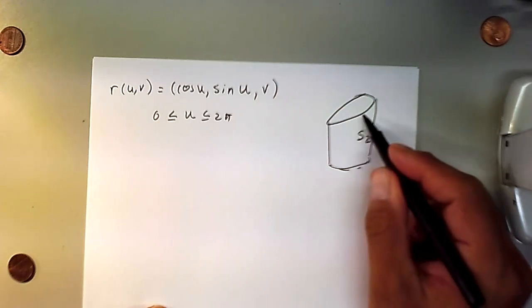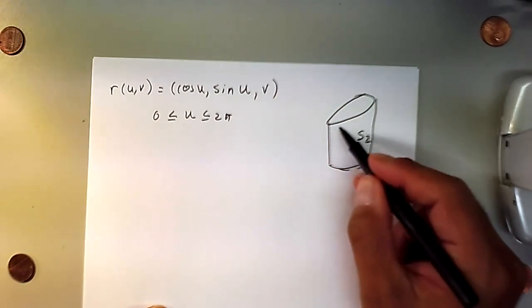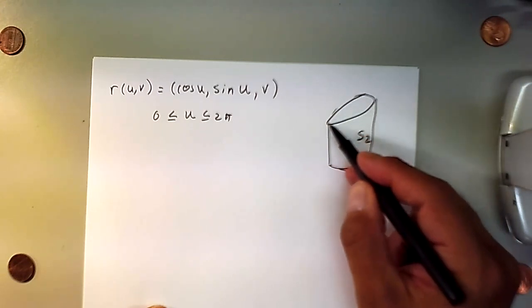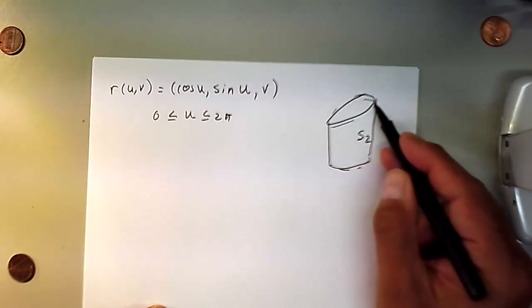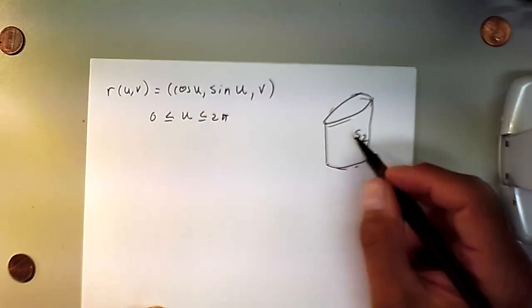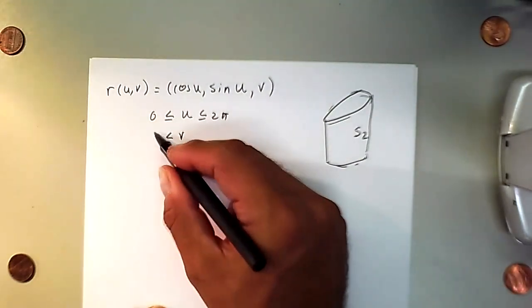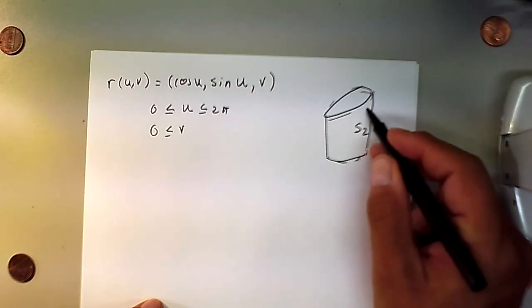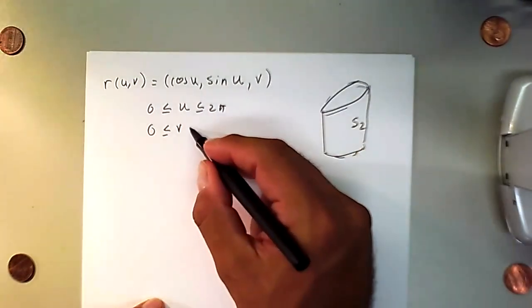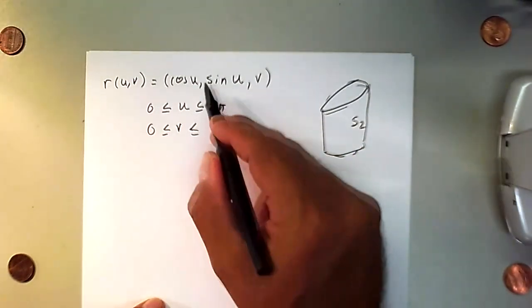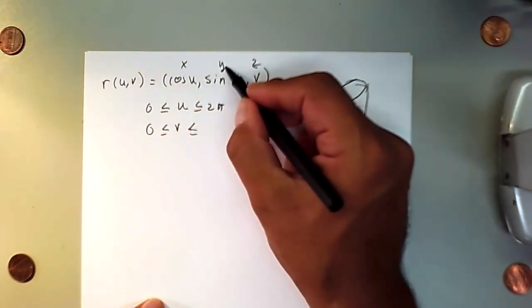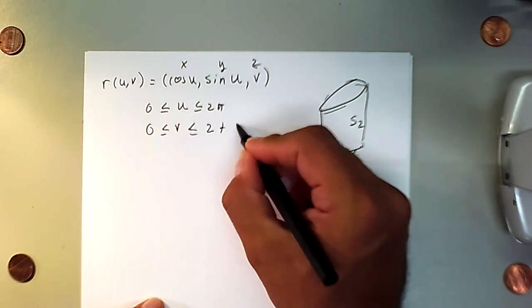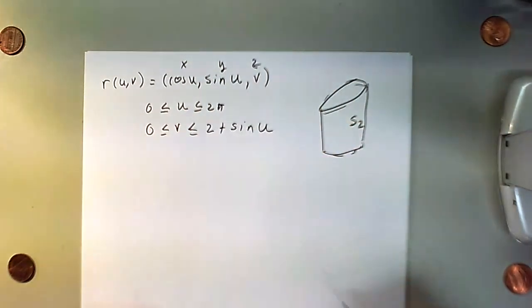Now the z component can go up to this plane. This plane is y plus 2. So v can go from 0 at the bottom up to this plane, which would be y. Remember, this is x, this is y, and this is z. So y plus 2 would be 2 plus sine of u.